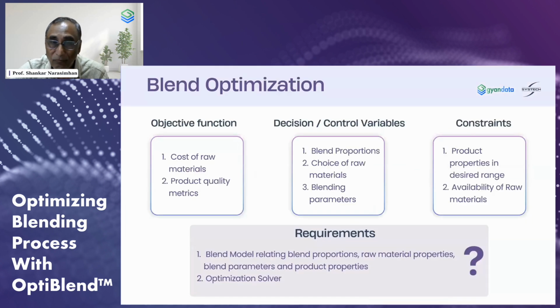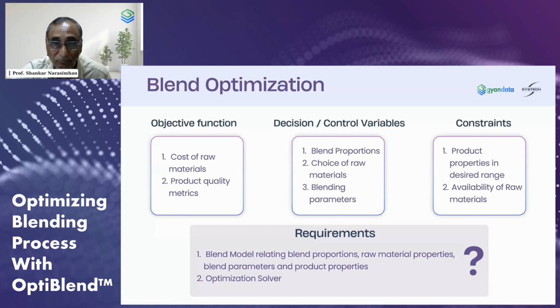Now, in order to view this as a generic mathematical problem, there are three elements to it. I will start with the center one, which is the decision control variables. What you have in your hand is the ability to manipulate the blend proportions. In some cases, you might also be able to manipulate the choice of raw materials. You may have different sources and you may want to pick one or the other.